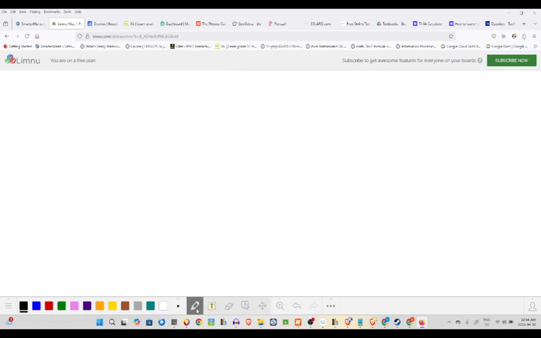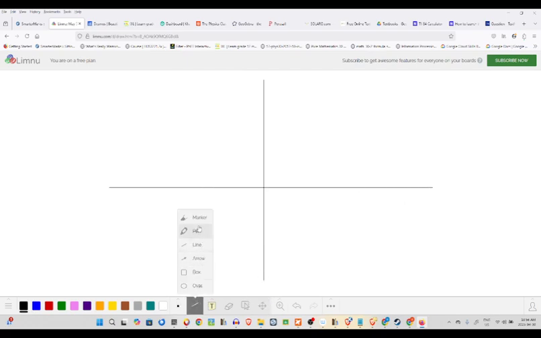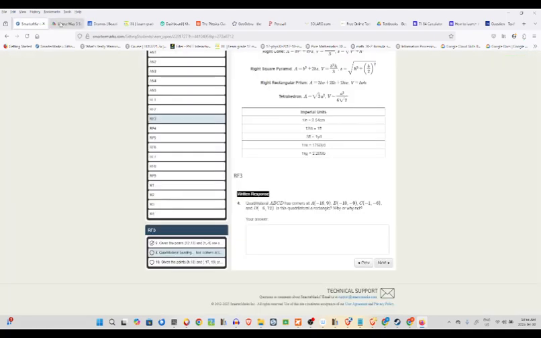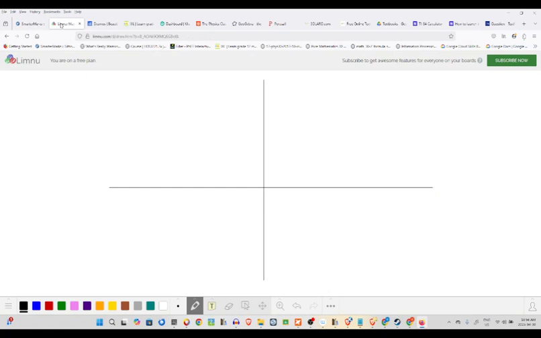Well, let's take a look at what we have here. Let's draw some axes. Our point, we have (-16, 9).